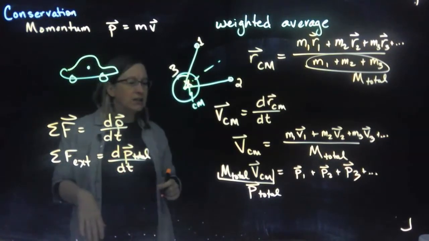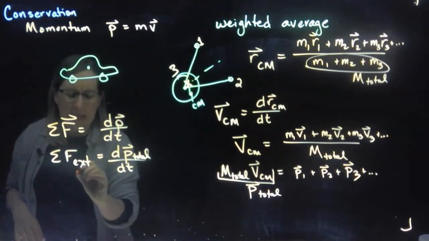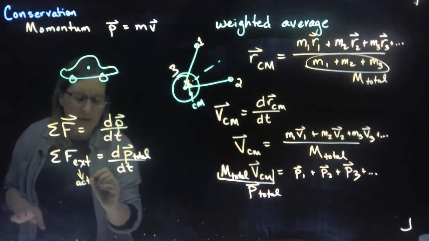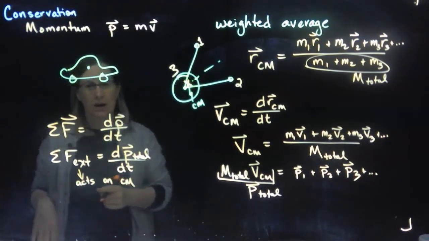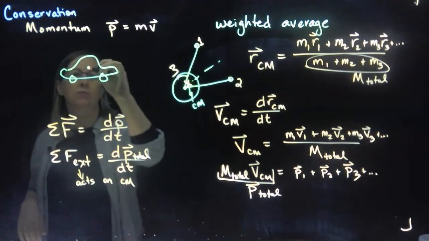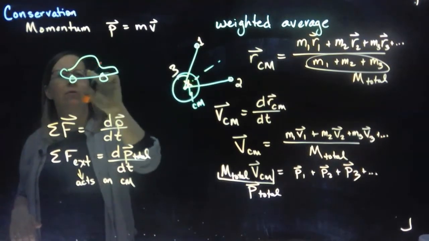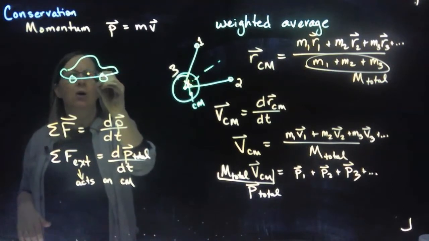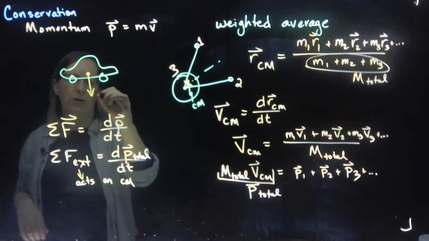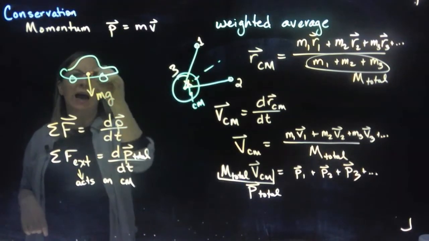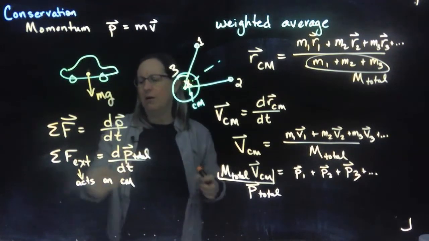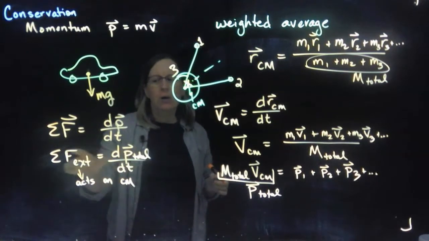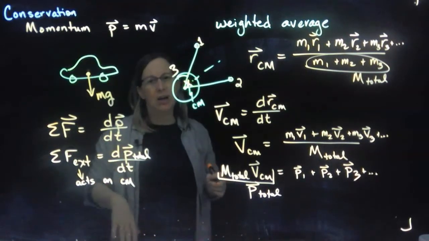But even if it's not 0, we can say, hey, this acts on the center of mass. It's as if it acts on the center of mass. So when we know where the center of mass is, say it's there for a car, that's a little high for a car. It's not a great car drawing anyway, but it's somewhere like that. It's okay to draw, hey, that's effectively where my mg acts. It's as if all of the mass of the car is centered right there, and that's where the force acts, because that is where we get this change in momentum.